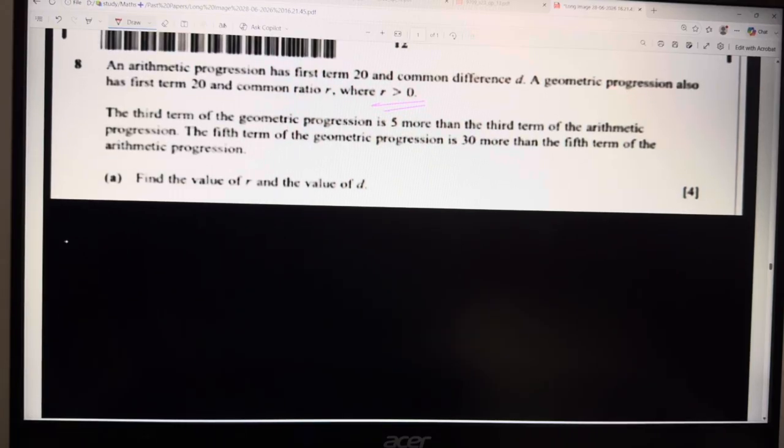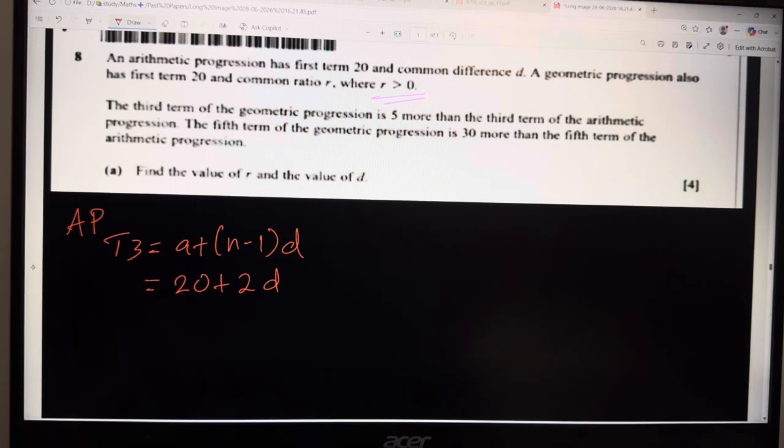Okay, so for the AP, it uses the third term and the fifth term. The third term is a plus (n minus 1)d, the formula, and a is equal to 20. 3 minus 1 is 2, so plus 2d.